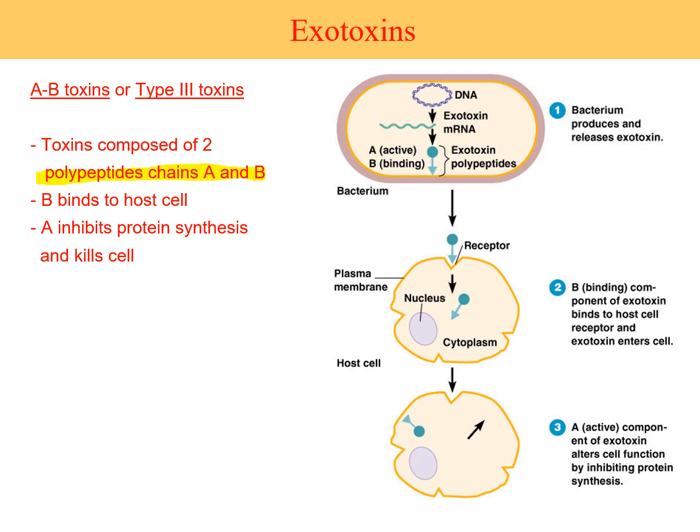The B chain will bind to the host cell, so it allows the toxin to attach to the host cell, and the A chain is the toxin. Okay, so B part is for binding, and the A is the toxin. Typically, it'll inhibit a certain protein synthesis and kill the cell.